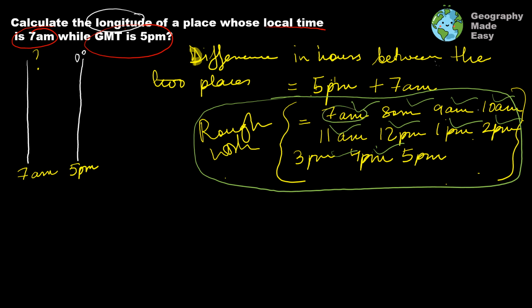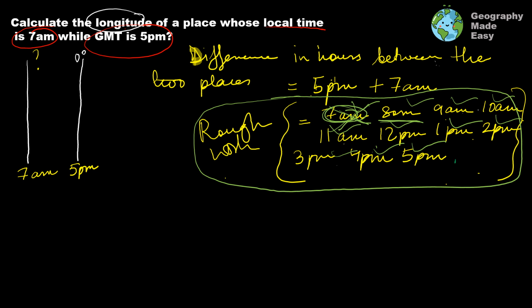So I will not consider 7 a.m. here, because the time is 7, so from 7 to 8. So I am going to start the calculation from 8 a.m.: 8, 9, 10, 11, 12, 1, 2, 3, 4, 5, till 5. So 1, 2, 3, 4, 5, 6, 7, 8, 9, 10.